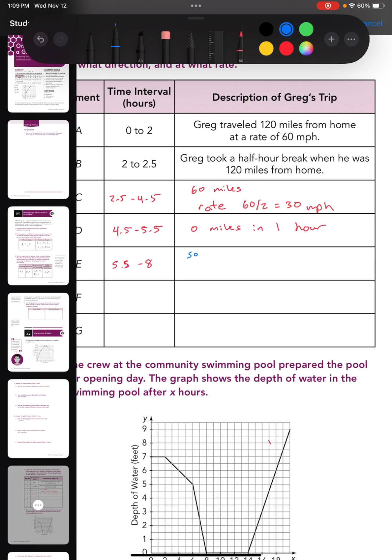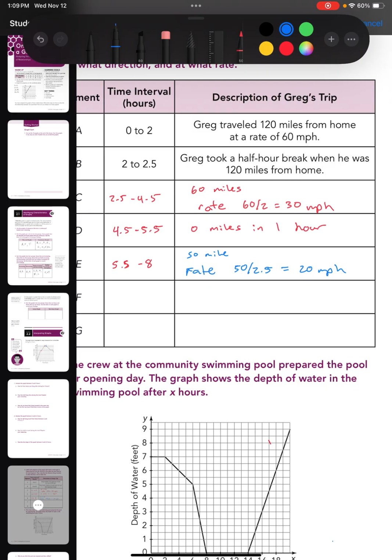So he traveled 50 miles, and he's on his way back home, it looks like. So 50 miles, and our hours here, 5.5 to 8, is going to give us 2.5 hours. So a rate of 50 miles in 2.5 hours is going to give us 20 miles per hour. We divide that.